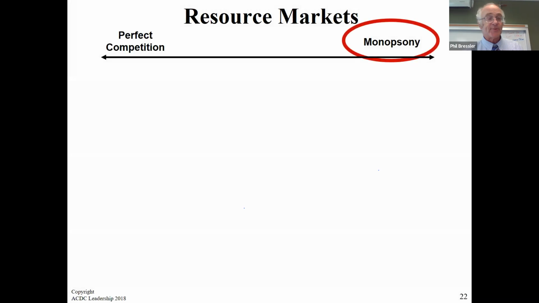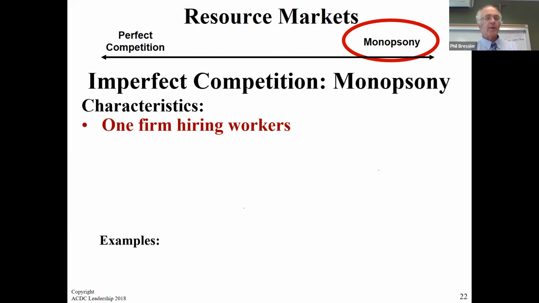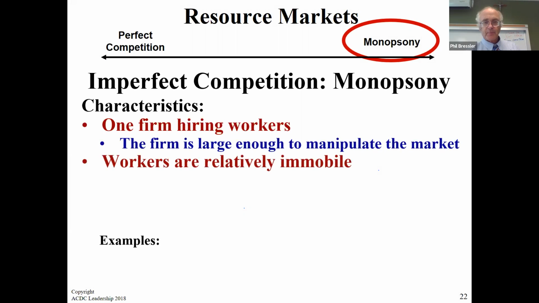And then you have a monopsony. Only one firm, like a monopoly. Workers are relatively immobile, so they're stuck working in that small town. They are wage makers, like monopolies are price makers.